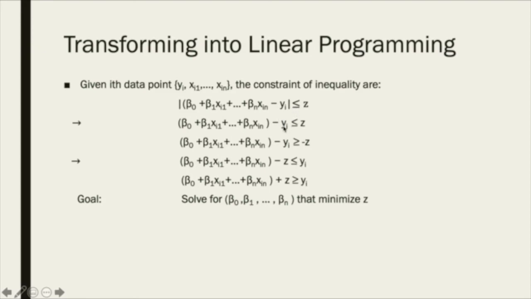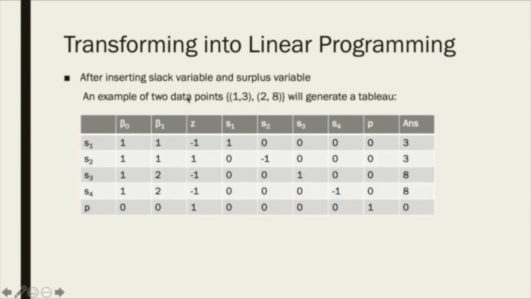We can convert our constraint into a more LP problem-like constraint by moving our constant to the right and our variables, including z, to the left. Our goal is to solve for beta 0 to beta n that minimize z.